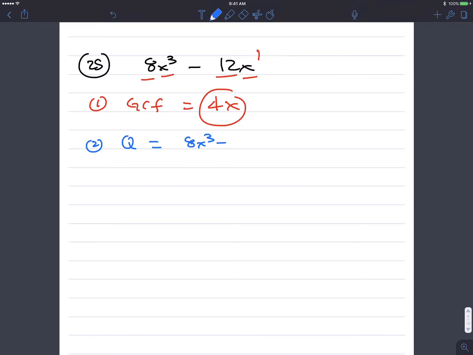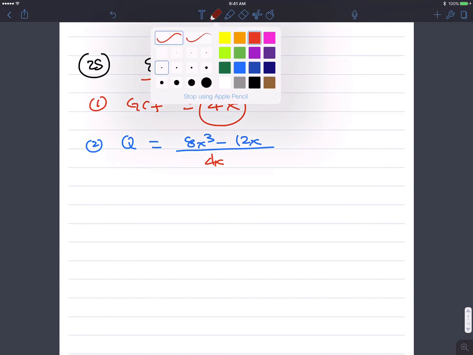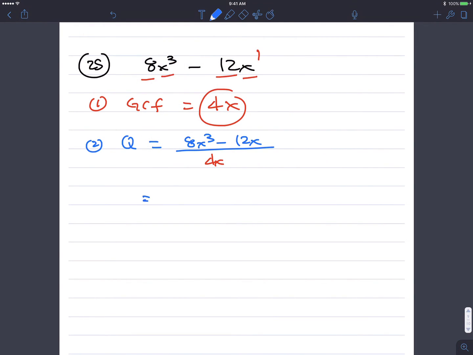8x cubed minus 12x divided by your 4x. So you get 8x cubed divided by 4x minus 12x divided by 4x. 8 divided by 4 is 2.